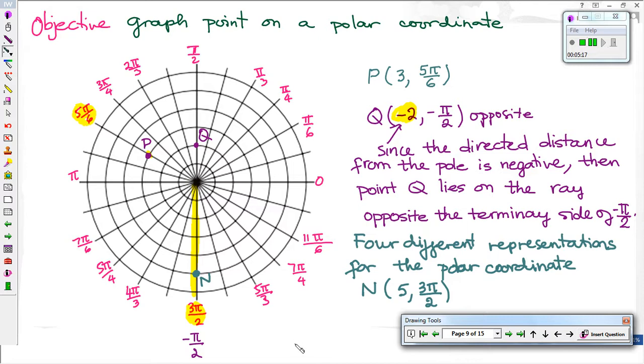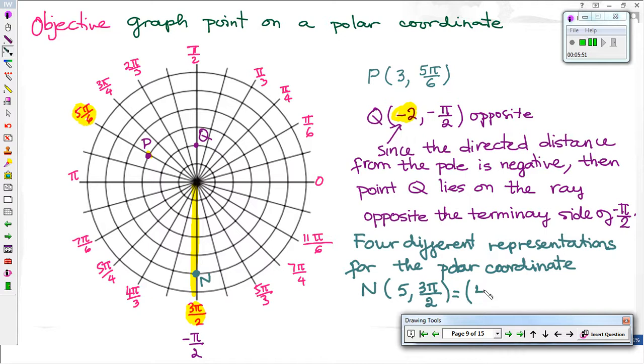Now there are 4 different representations for the same point. This point N will be the same thing if we add another 2 pi to 3 pi over 2. It means that you go 3 pi over 2, then you go another complete 360 degrees or 2 pi, so you still end up at the same terminal side, which we call coterminal.